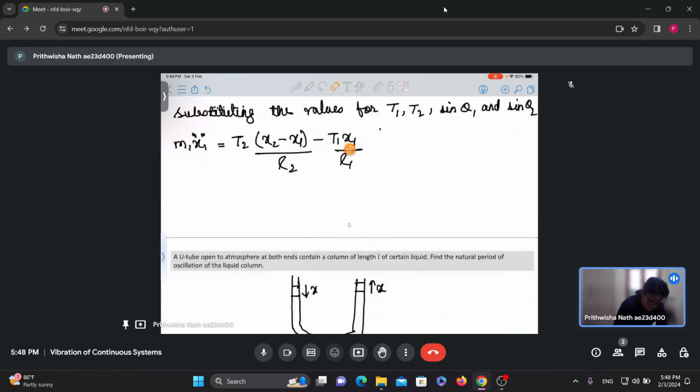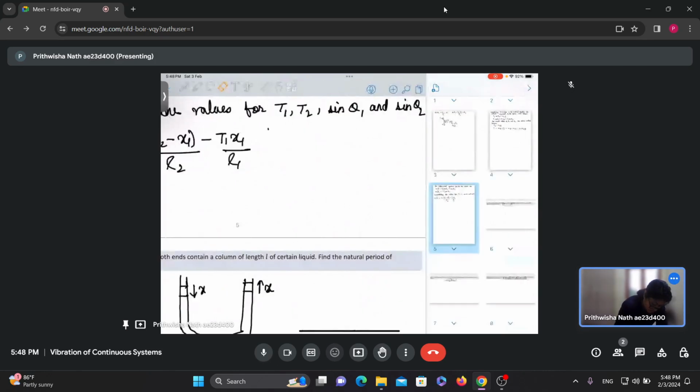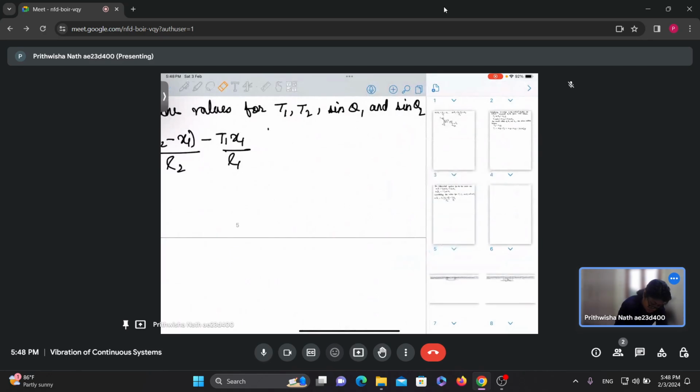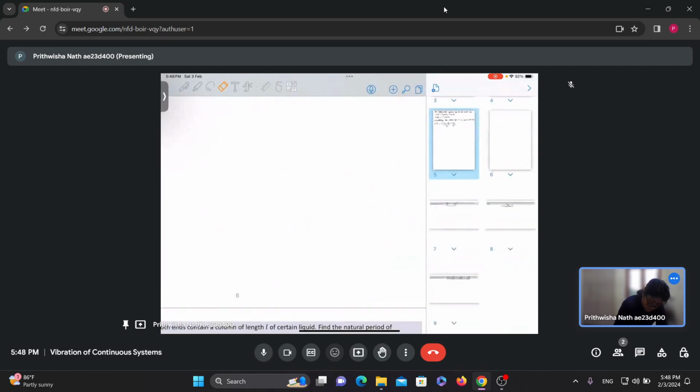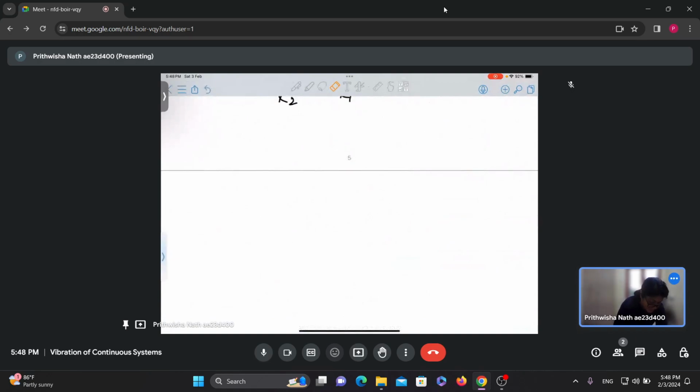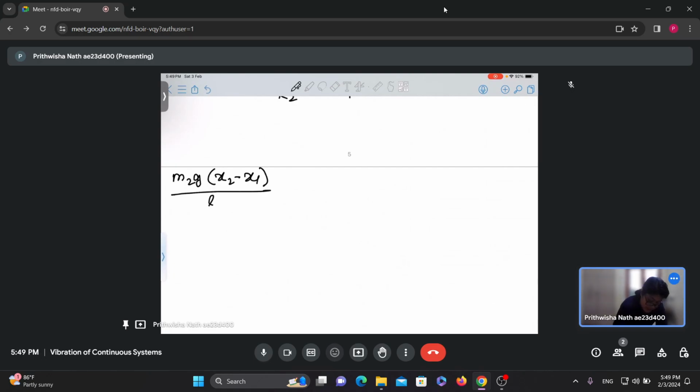Now substituting the values for T1 and T2, it becomes M2G times x2 minus x1 by L2 minus M1 plus M2 times G x1 by L1, which is equal to M1 x1 double dot.